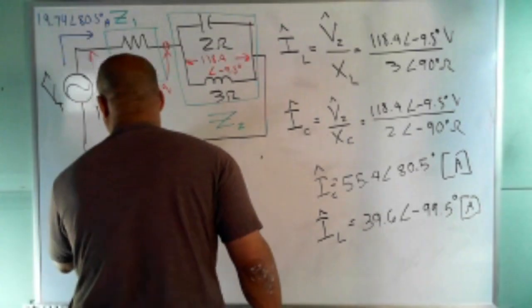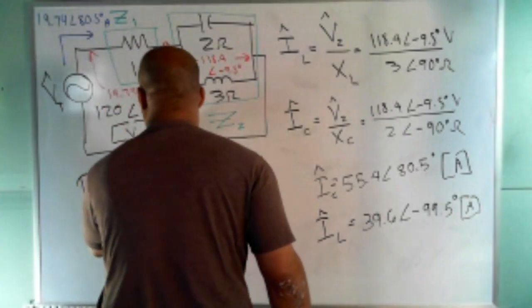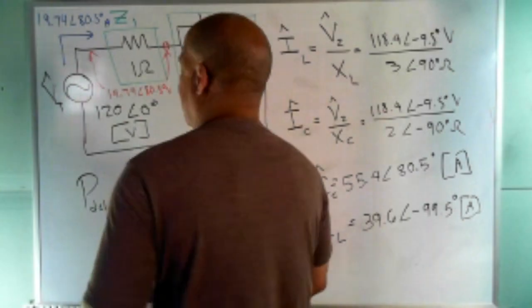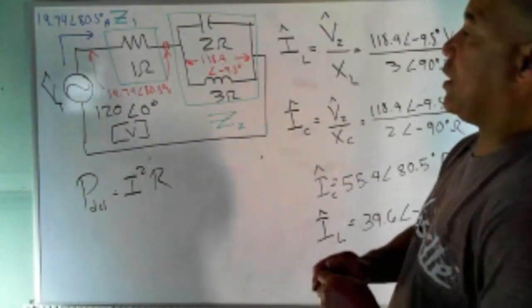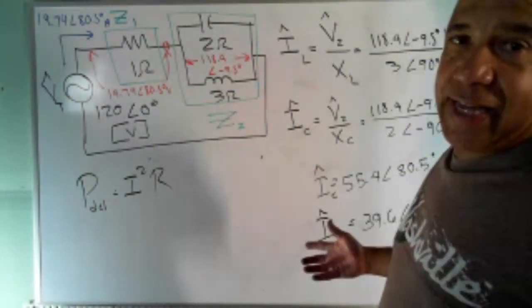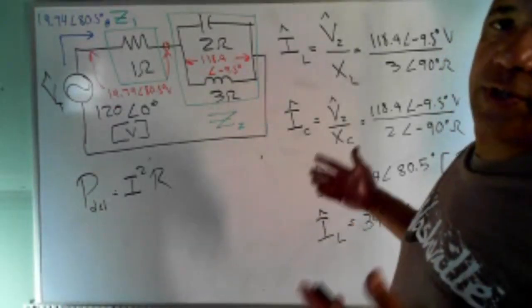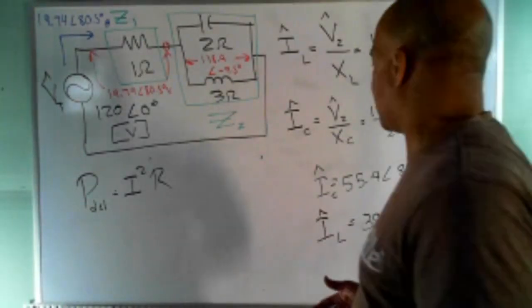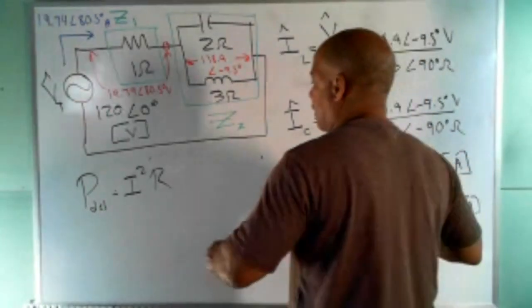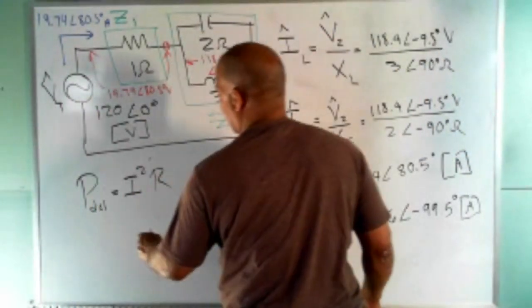Power delivered is equal to I squared R. Now we can do that because remember the only element in an AC circuit that dissipates power is the resistor. And the ideal circuit is the resistor. So I can calculate the power using this form of Watt's law.